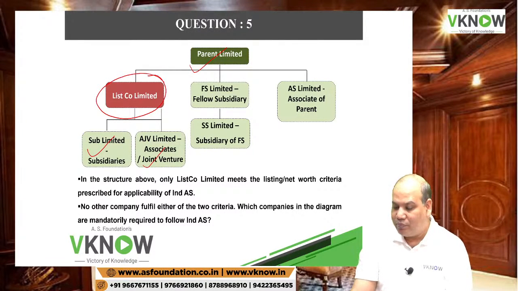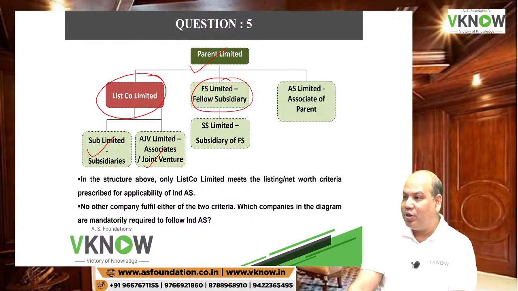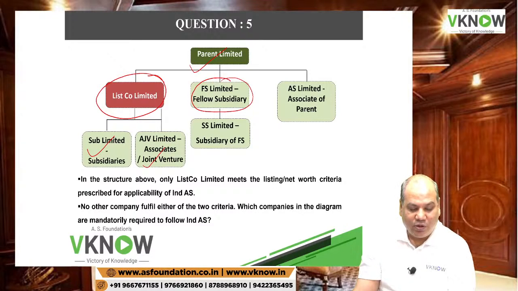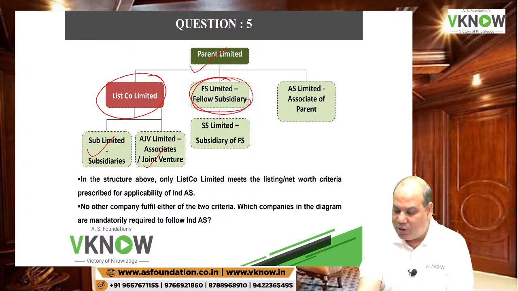Yes or no? But the question was whether another subsidiary of a common parent will also apply. The answer is no. Although the views are divergent, the standard is silent on that. Why will this company apply?